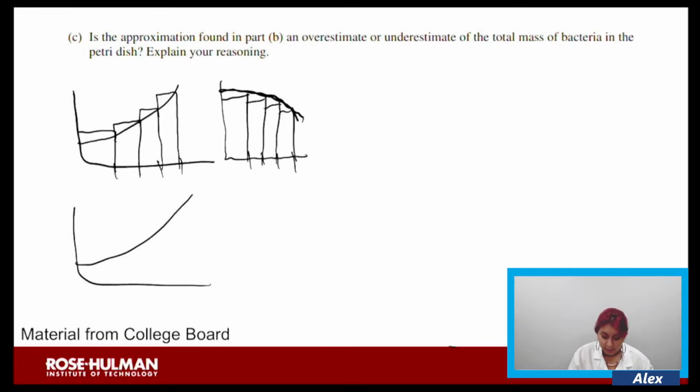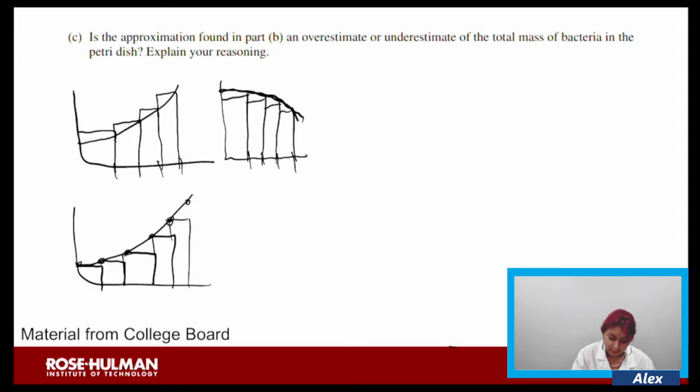Because this curve is increasing, our approximations are taking into account the larger values on the graph versus the smaller ones. If you know how to do a right Riemann sum, you should be able to do a left Riemann sum, where you would have the lower values of your rectangles in your estimation, giving you an underestimate.